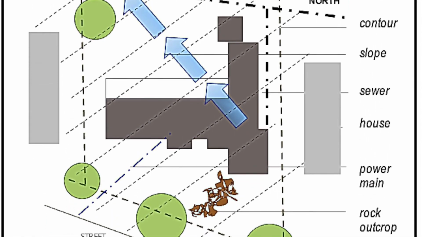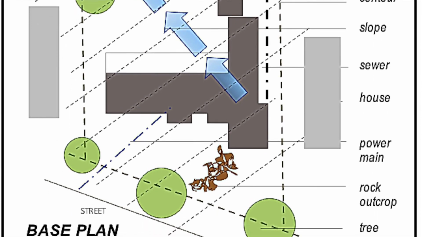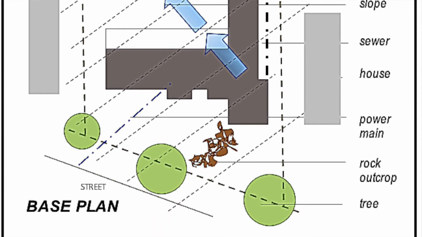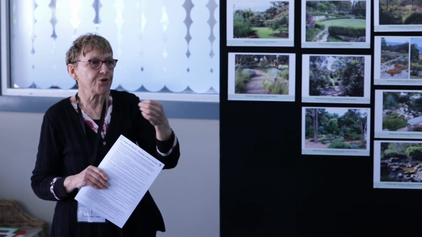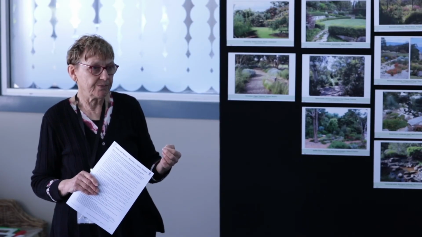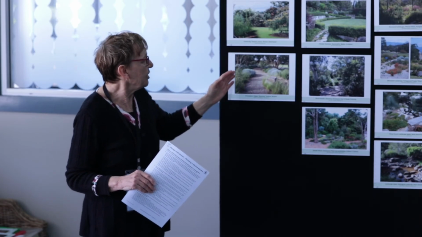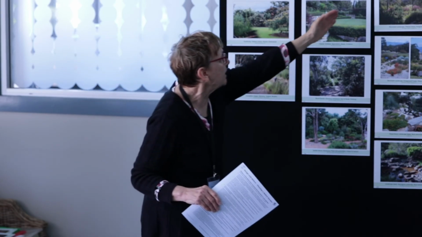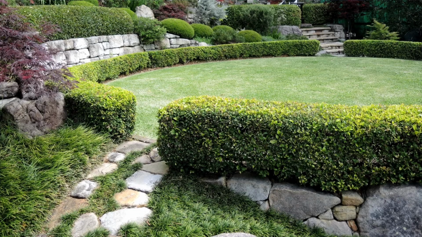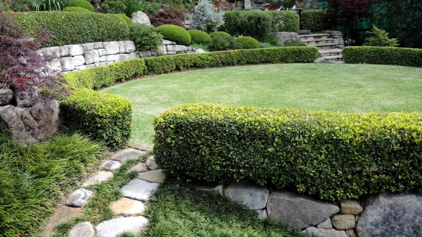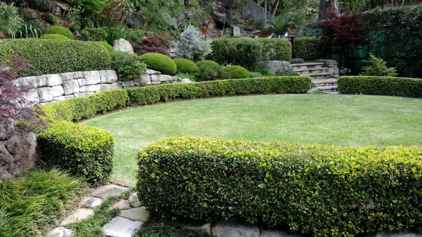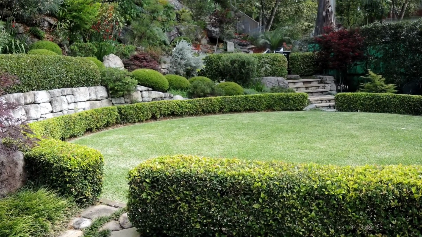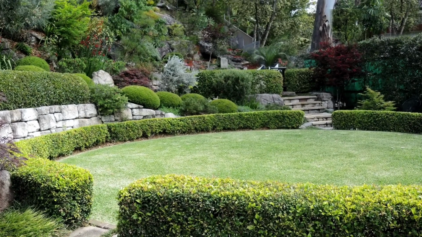You need to look at what is working and what isn't working, why it isn't working, because you want a different emotional response. So when you go into this sort of garden, it's a different emotional response to walking into this garden, I would suggest. This is a more relaxed emotional response.